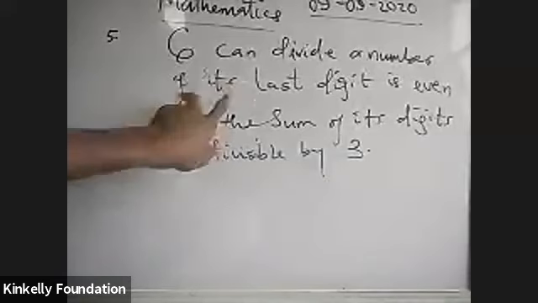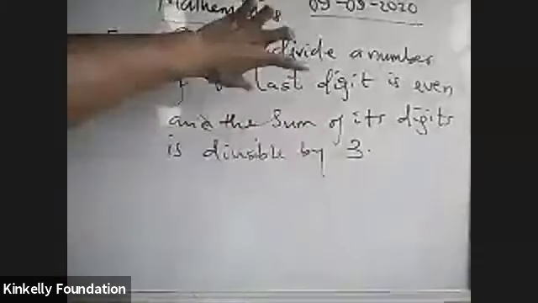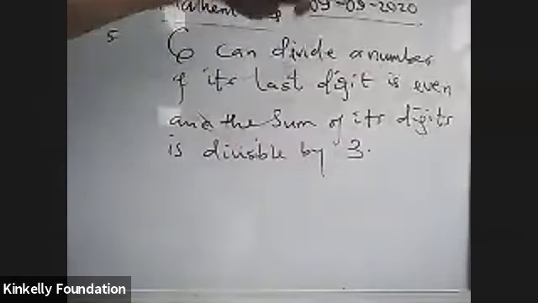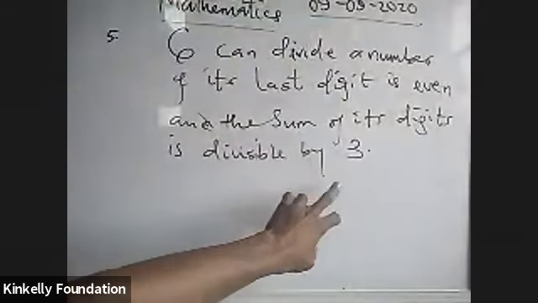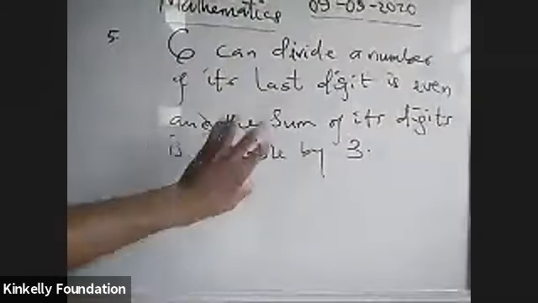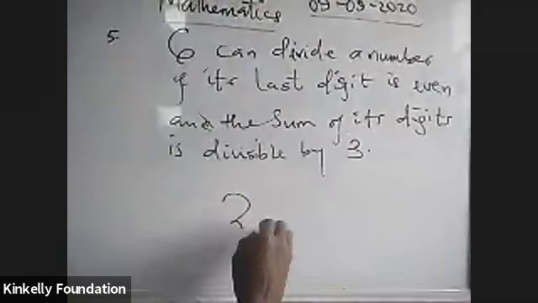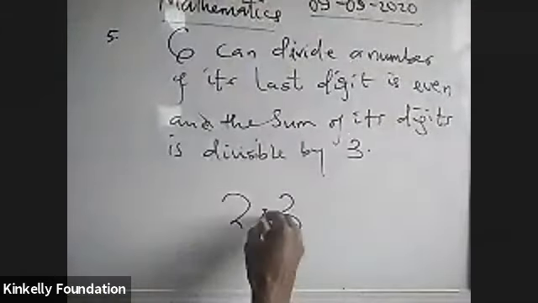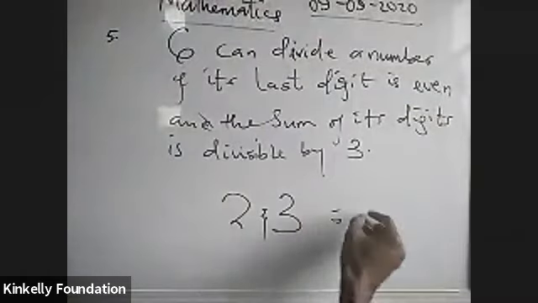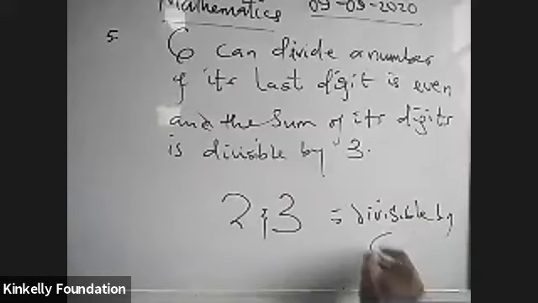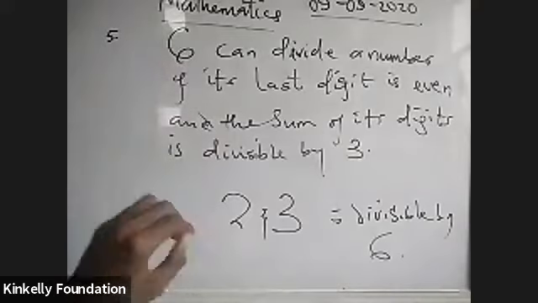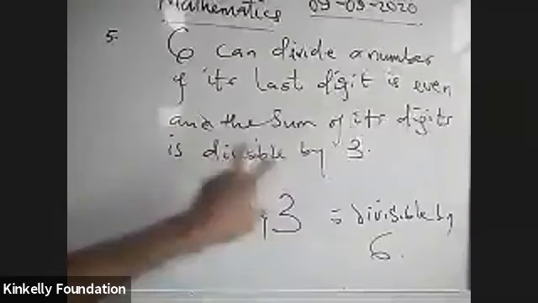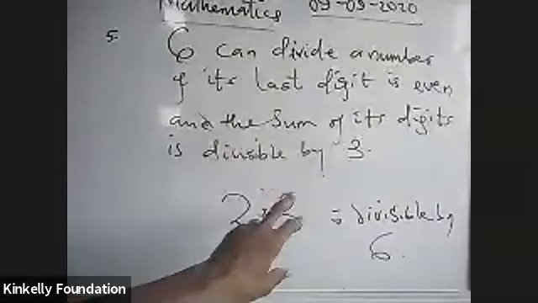For this statement, the last digit being even means that it's divisible by 2, and the sum of its digits being divisible by 3 shows that 3 can divide it. So any number that 2 and 3 can divide comfortably is divisible by 6. How can 6 divide a number? Its last digit is even, and the sum of its digits is divisible by 3.